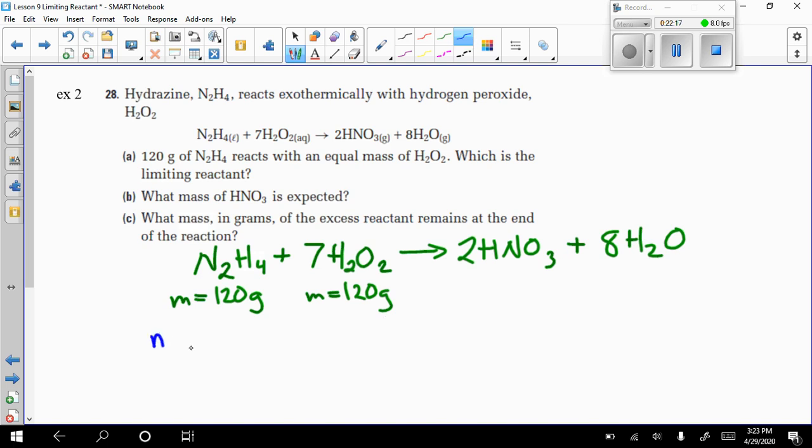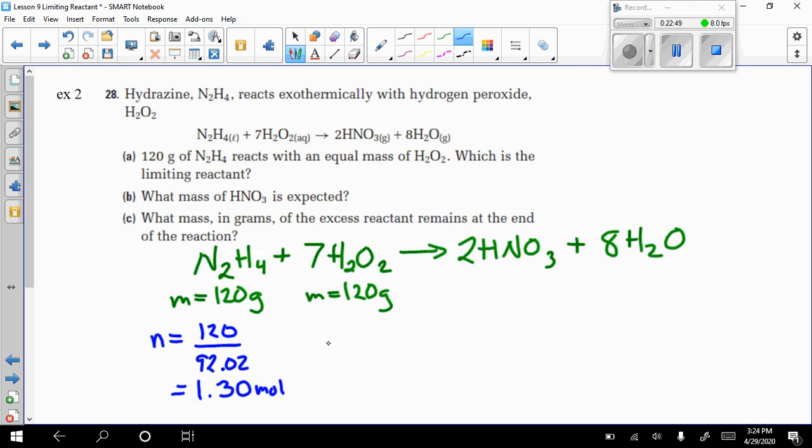Let's start by converting them both to moles. So it's going to be 120. Now I've already gone and looked up the molar mass of N2H4, and just to save me a little bit of time, it's 92.02 grams per mole. So it's 120 divided by 92.02, and so you get 1.30 moles.